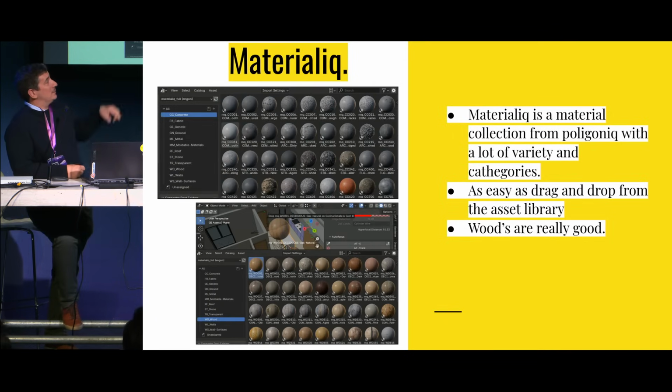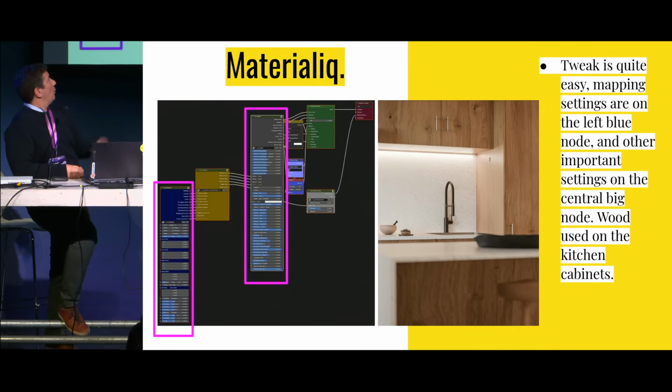And then the other collection we use a lot is Materialiq, from the people from Polygonic. It's super nice. I mainly use the wood and concrete, because the parameters in these two main nodes are super useful.